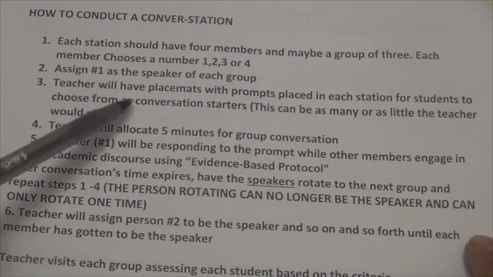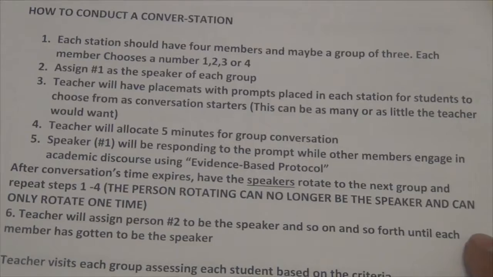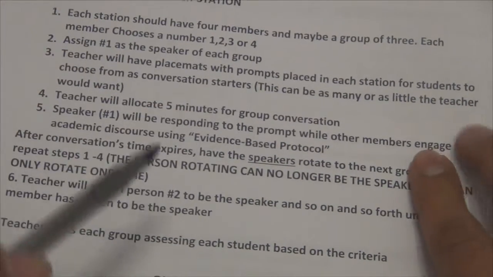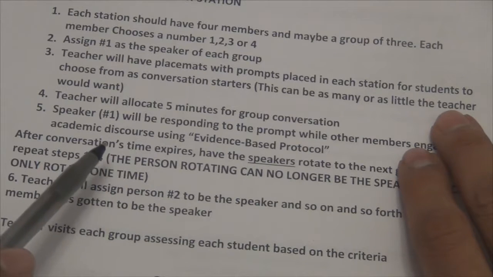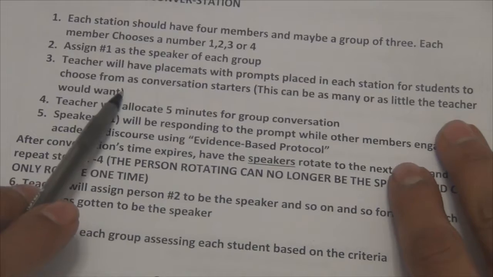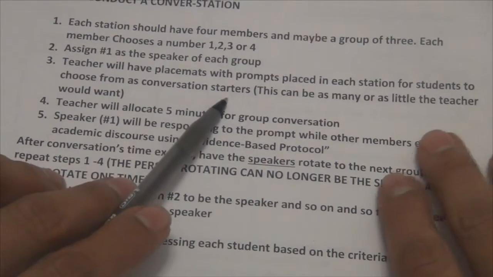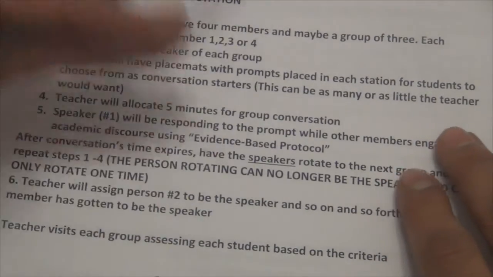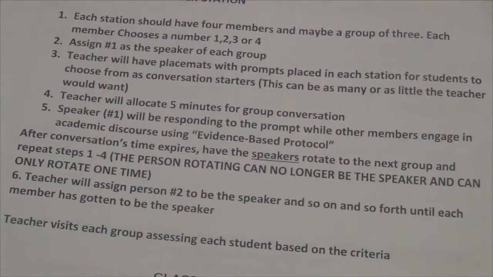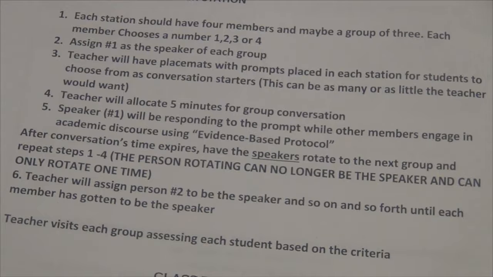Then we have the placemats with the prompts placed in each station, in each group of 4, for students to choose from as conversation starters. So anyways, this is basically how you're gonna do it, right? Then after a while, the speakers will rotate to different stations.